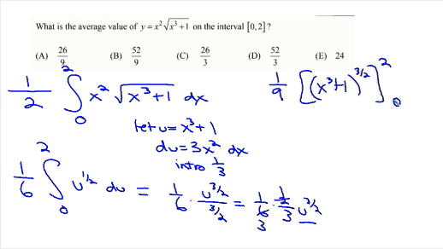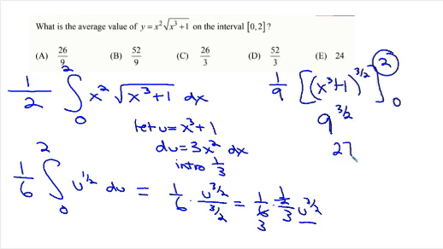So when I plug in my 2 here, 2 cubed is 8, 8 plus 1 is 9, so I have 9 to the 3/2. So the square root of 9 cubed, the square root of 9 is 3 cubed, so that's going to be 27. All right.